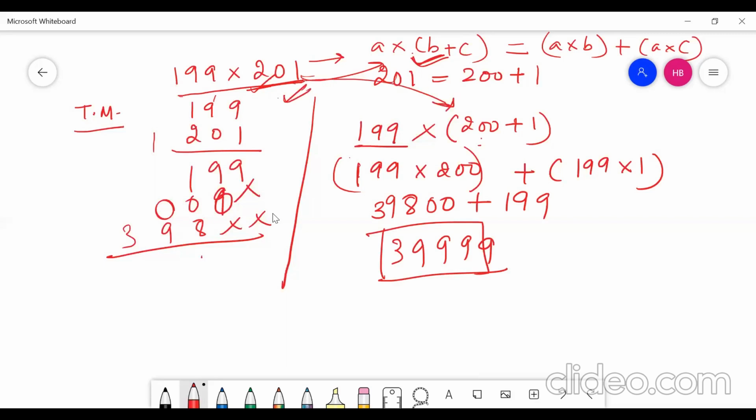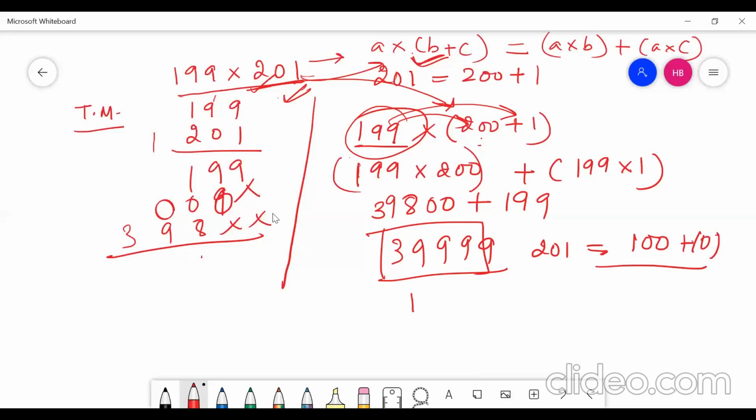And why have I chosen to break 201 as 200 plus 1? Because I know it is easier to multiply any number with 200 and with 1. Now if you say, ma'am, can we break 201 as 100 plus 101? Yes, you can, but then again you are making your question complicated or difficult to solve, because solving 199 with 101 is equally difficult, right?